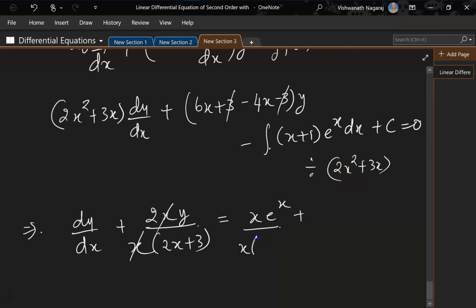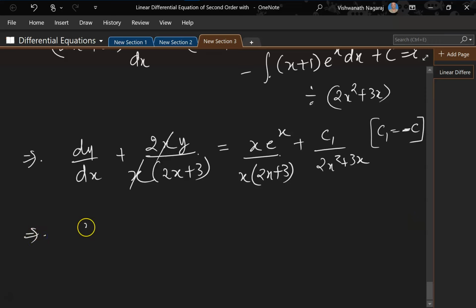That is again x, we can take it out common, 2x plus 3. Now when we bring this c to the other side, it will become minus c. Since we normally want plus itself, let's make it c1 by 2x square plus 3x. Here c1 is equal to minus c.